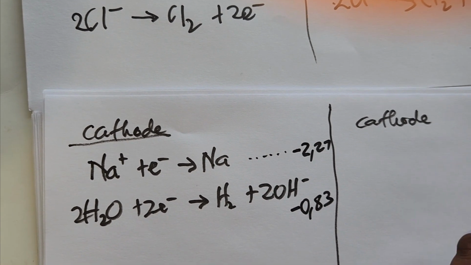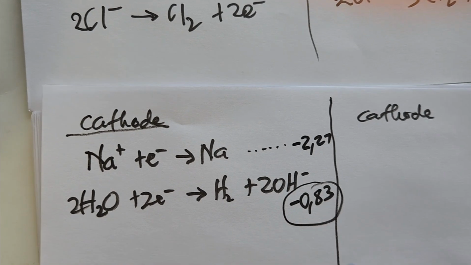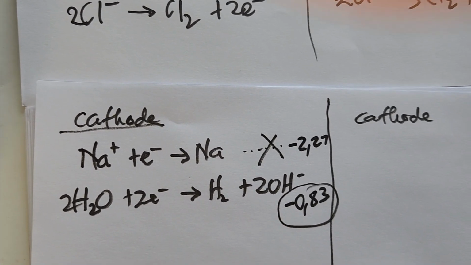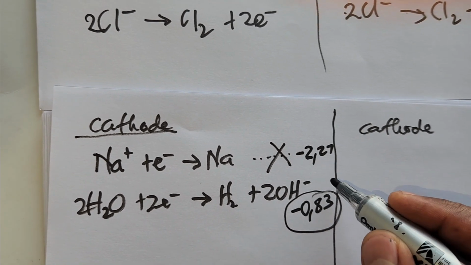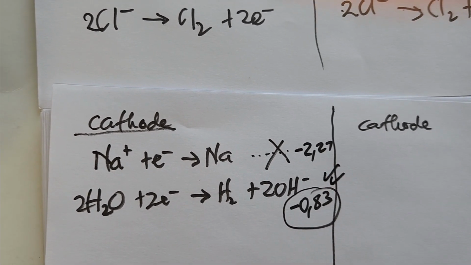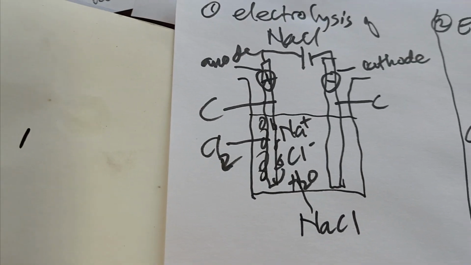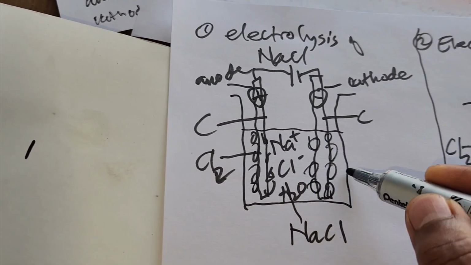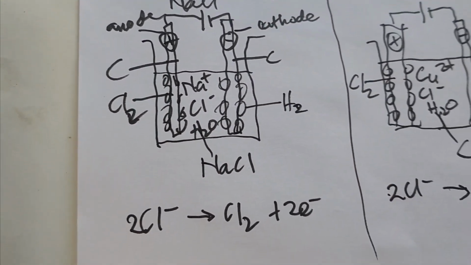Remember, the big one will always win the battle. Therefore, the big boss here is water. Sodium ions will not be reduced at the cathode in the presence of water. Therefore, the second reaction will take place at the cathode. That's why hydrogen gas will be formed at the cathode in the case of electrolysis of sodium chloride.